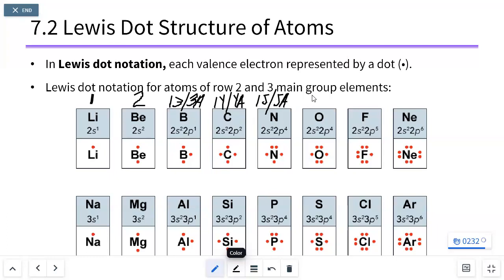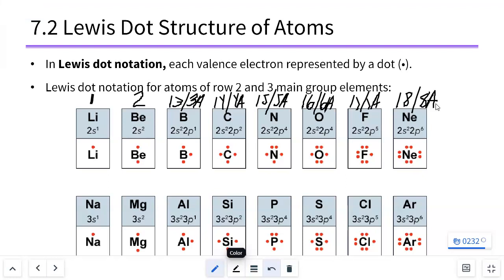And so we can see that there is a pattern here. That pattern is that if we ignore the fact that the transition metals exist, the group number is the number of valence electrons.